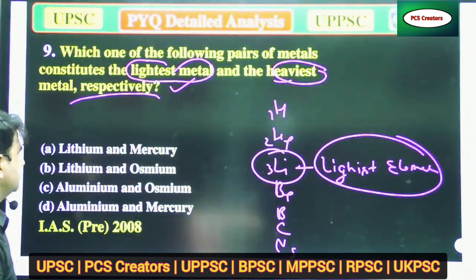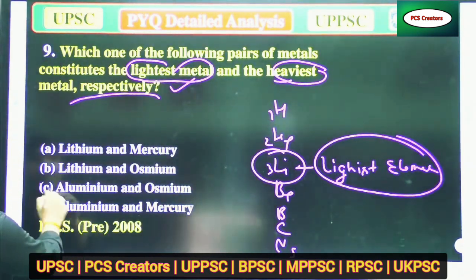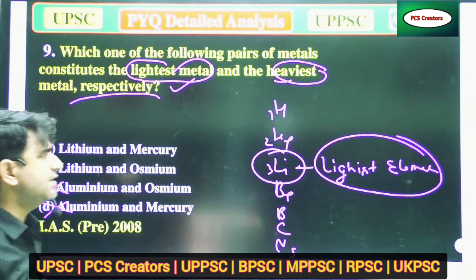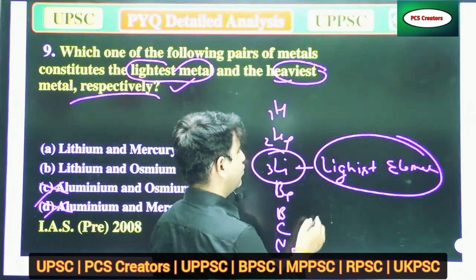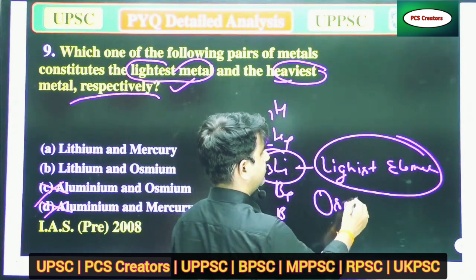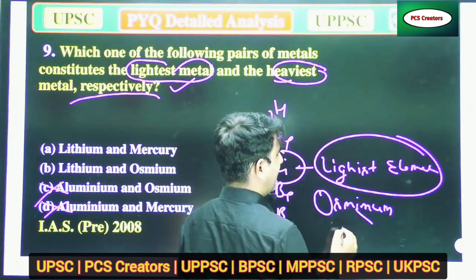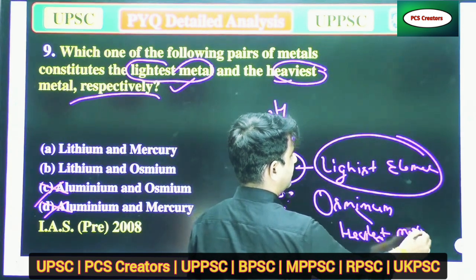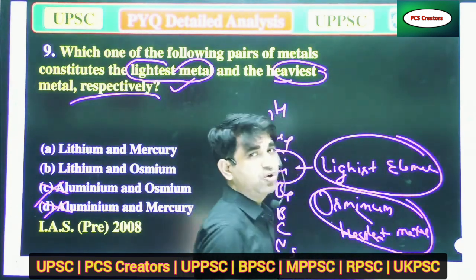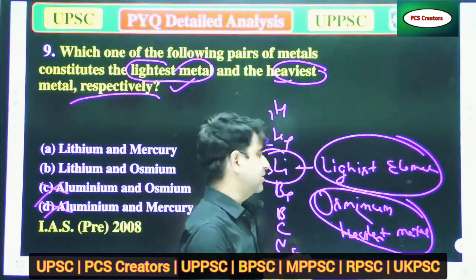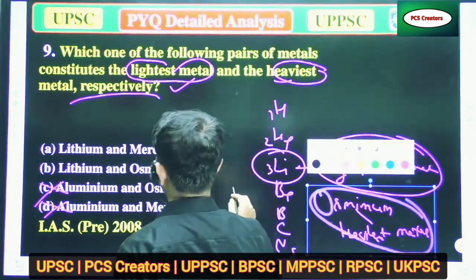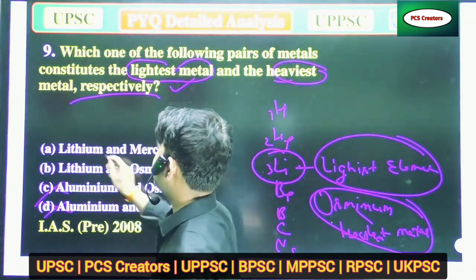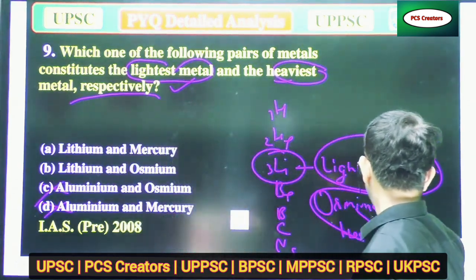Now we can eliminate some options, because it has aluminum, so these are incorrect. And after that, the heaviest metal is osmium. It is not talking about the element, it is talking about the metal. So osmium. Option B is correct. Now we'll move to the next question.